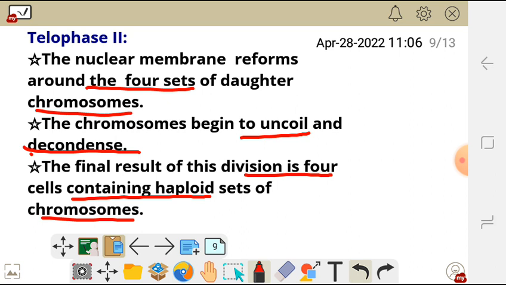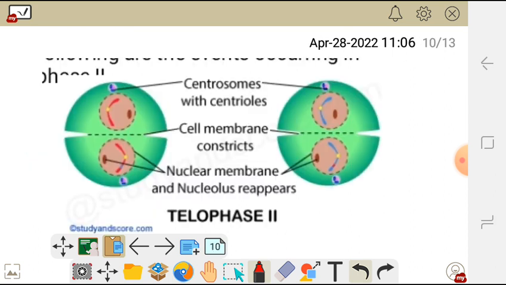So 4 daughter cells will be formed, meaning the nuclear membrane starts to reform on the chromosomes which were pulled to the opposite poles of the cell, and then the cell membrane will start to reconstrict, forming 4 daughter cells.